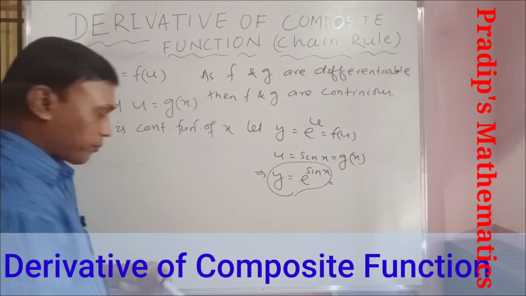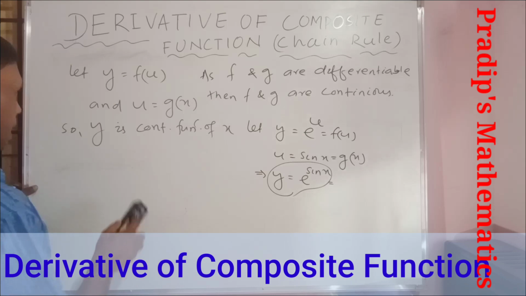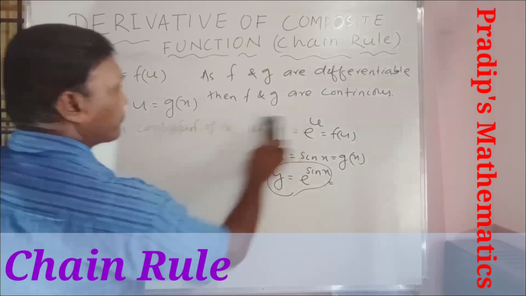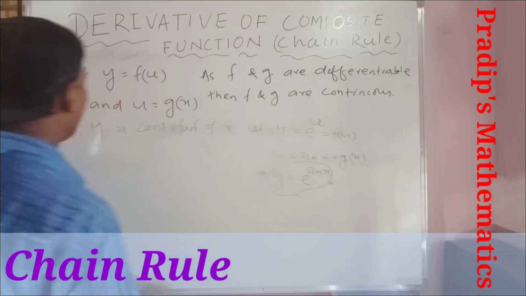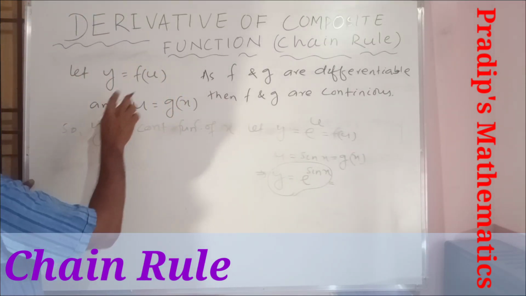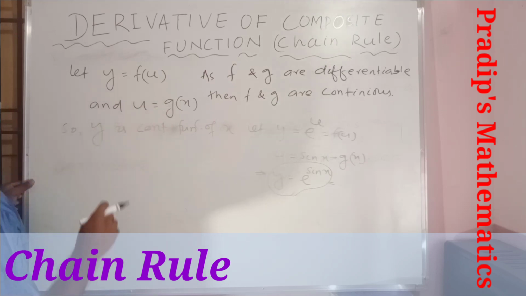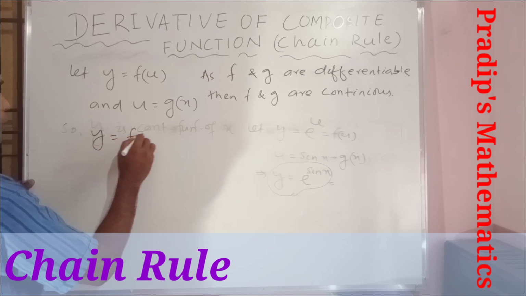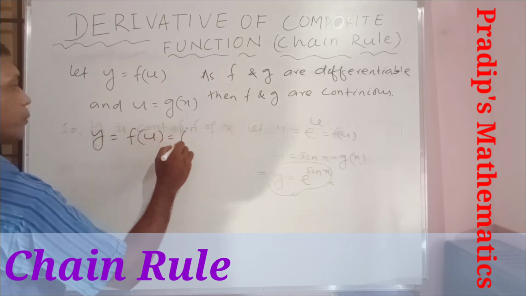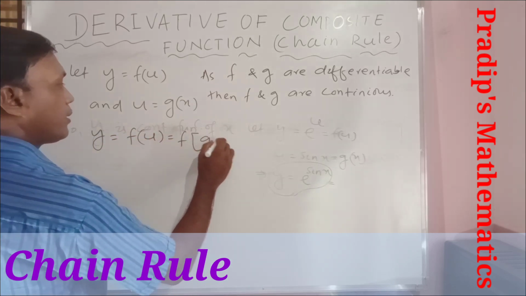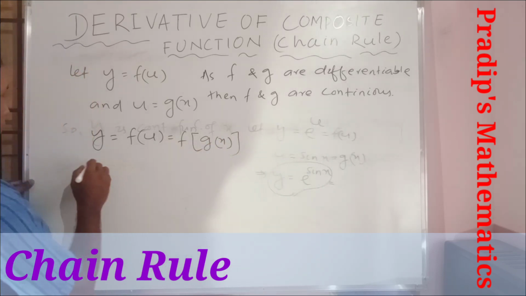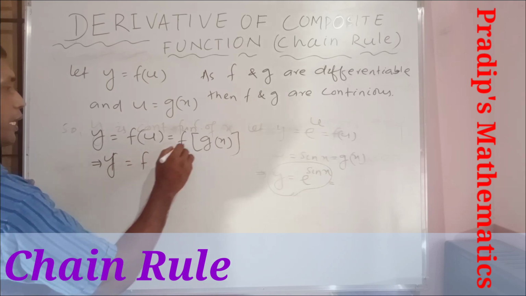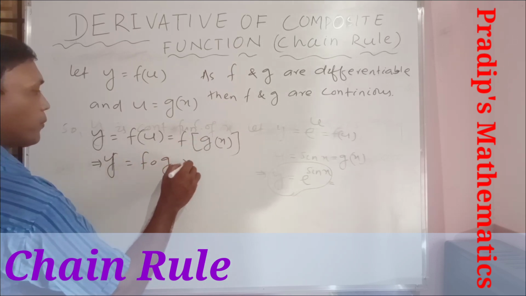Look at here. If y is a function of u and u is a function of x, then we can write y is equal to f of u, is equal to f of g of x, which implies y is equal to f of g of x.